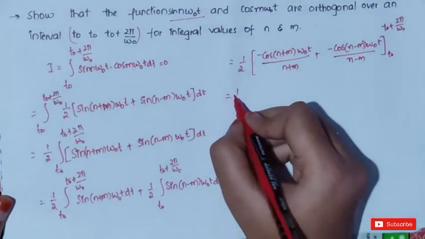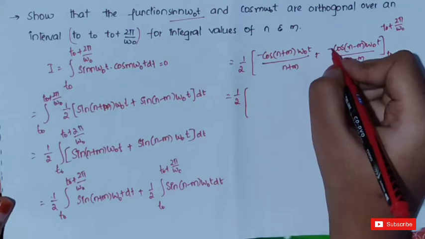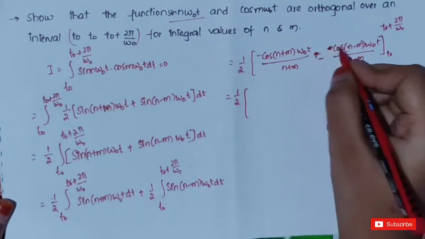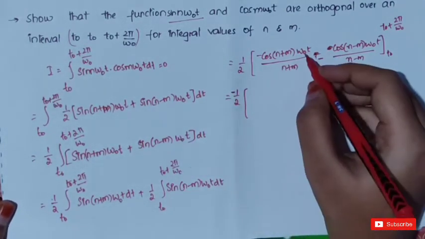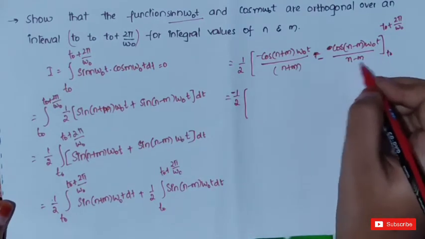So now let us substitute the limits. Plus into minus is nothing but minus, so here it will be minus. Take this minus outside, so it is cos (n plus m) omega naught t by (n plus m) plus cos (n minus m) omega naught t by (n minus m).